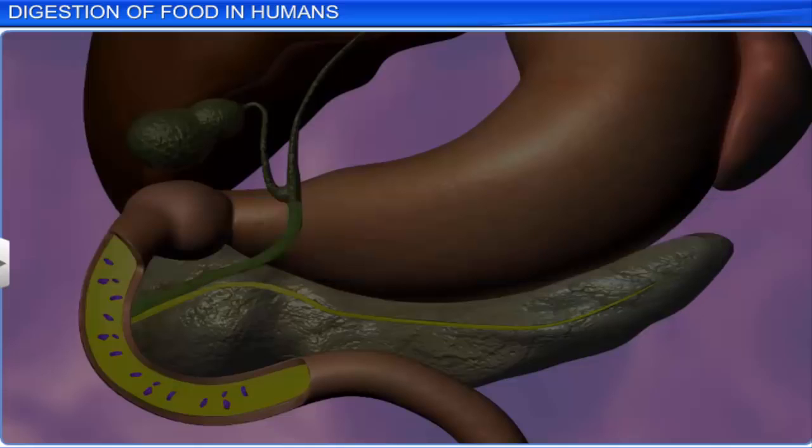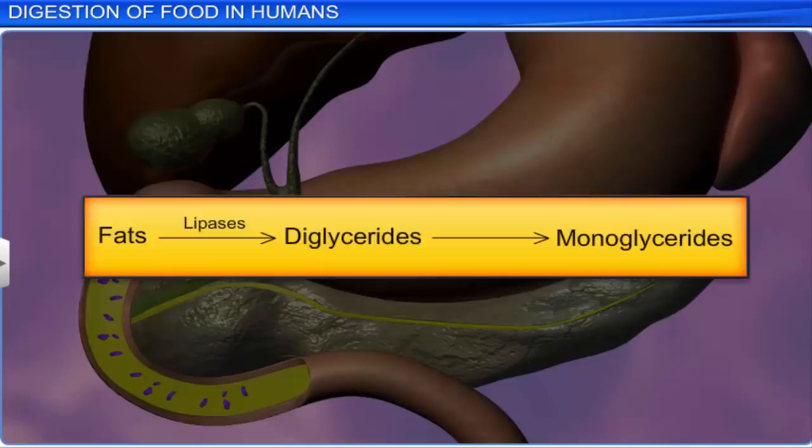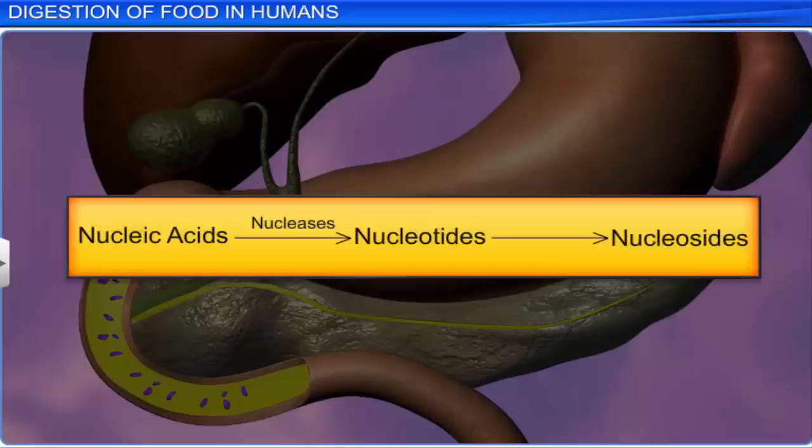On the other hand, enzymes such as lipases break down fats into diglycerides and monoglycerides with the help of bile, whereas nucleases act on nucleic acids and form nucleotides and nucleosides.